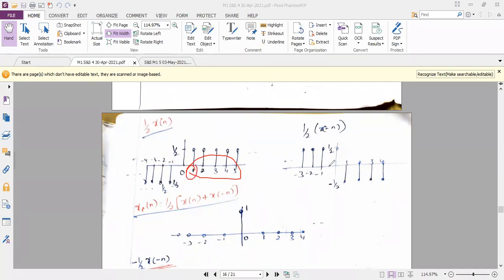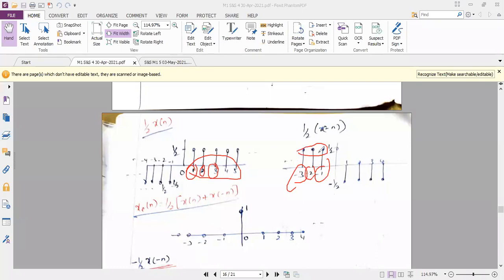See, plus 1 is now moved to minus 1, plus 2 is moved to minus 2, and plus 3 is moved to minus 3. So what was the amplitude at plus 1, plus 2, plus 3 is now at minus 1, minus 2, minus 3. I am taking 1 by 2 of x of minus n.